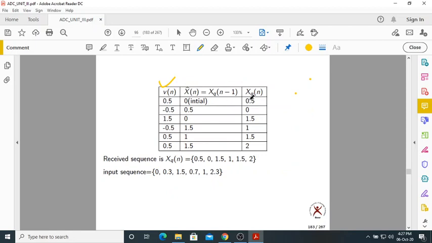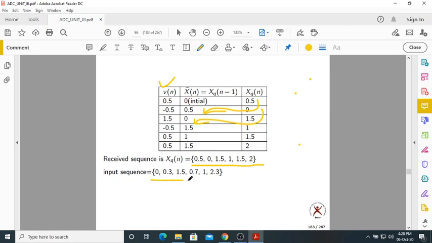This plus this, 0.5. This comes here again. So minus 0.5 plus 0.5, again 0. So 0 comes here. Again this comes here, so 1.5 plus 0, 1.5. Finally, this is the output of the DPCM receiver.